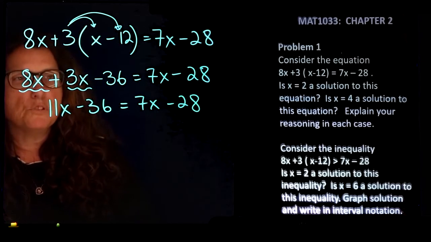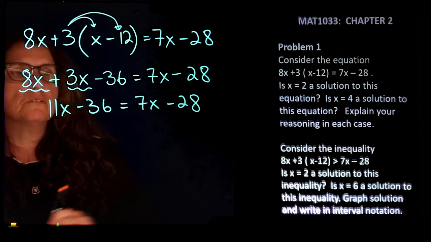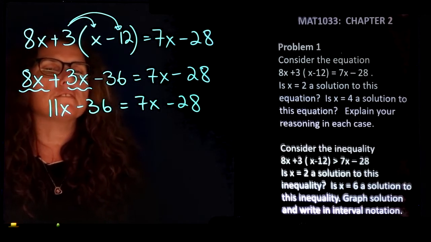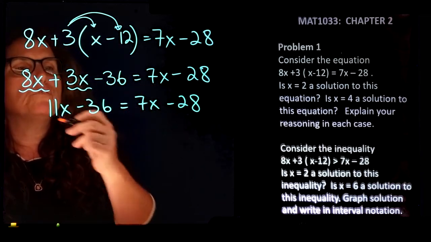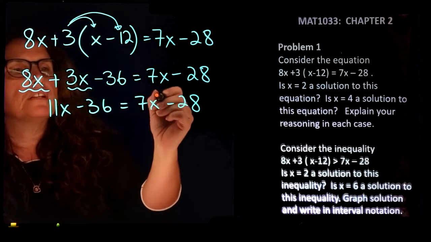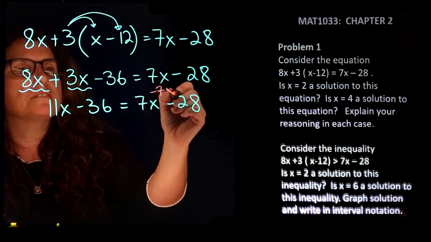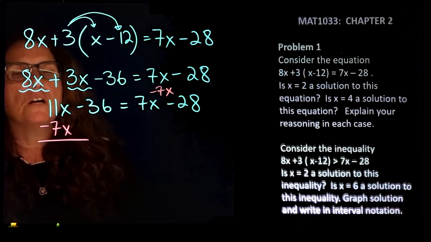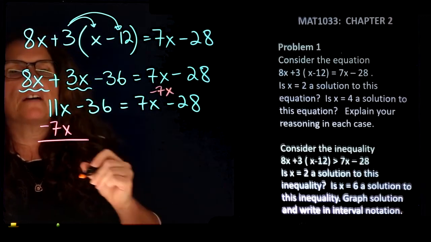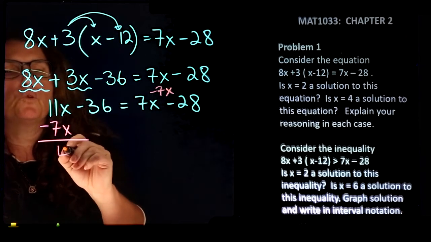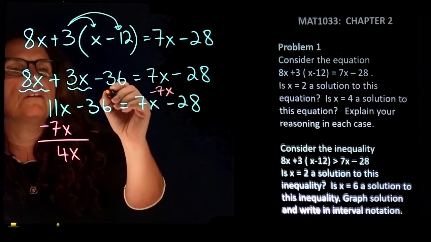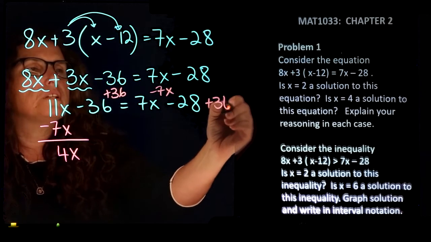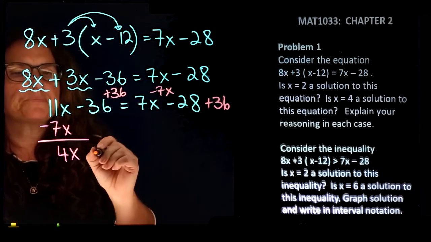Now we have to do some moving and shaking, so we want to combine all our x's on one side and our numbers on the other side. So I'm moving the variable part to the left-hand side by saying minus 7x, and let me write it just underneath like so. 11x - 7x is 4x, and I also bring a positive 36 to the right-hand side.